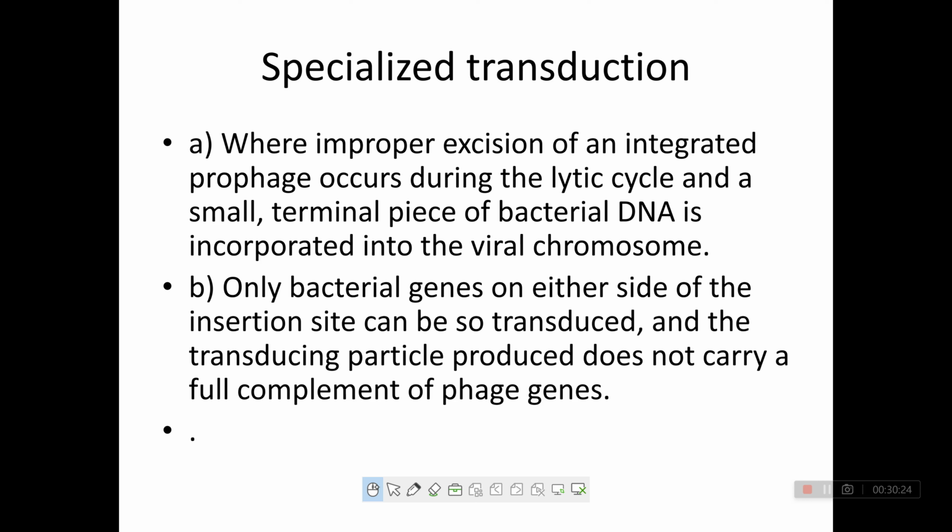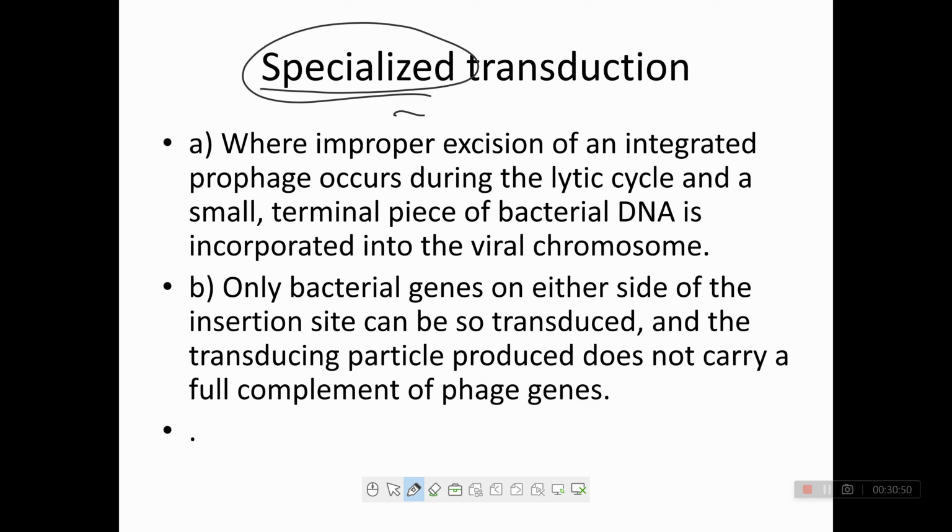Next is specialized transduction. In specialized transduction, improper excision of an integrated prophage occurs during the lytic cycle, and a small terminal piece of bacterial DNA is incorporated into the viral chromosome. From the name it is clear that special things will be transferred.